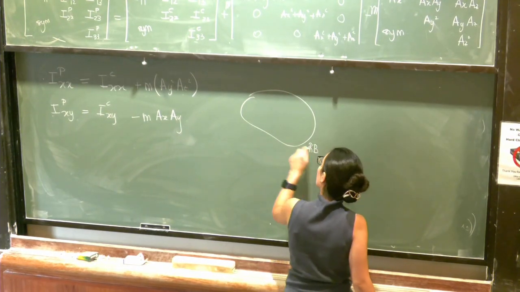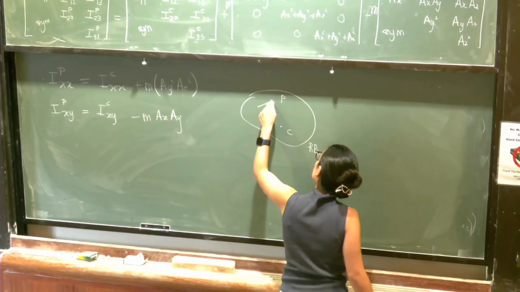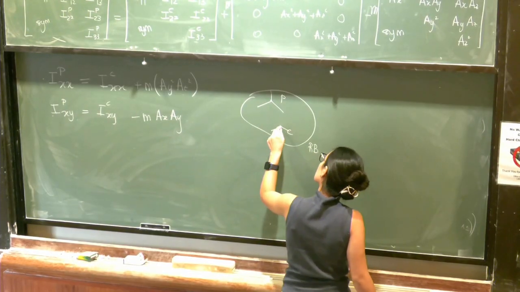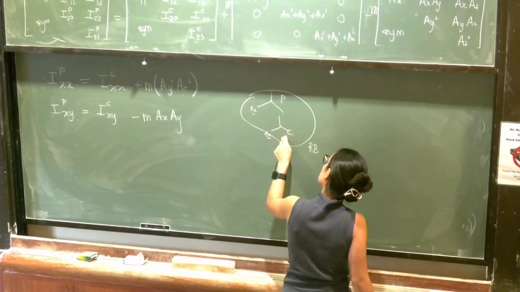Rigid body, I have 2 points, the center of mass and point P. For these relationships to hold, the basis needs to be the same.